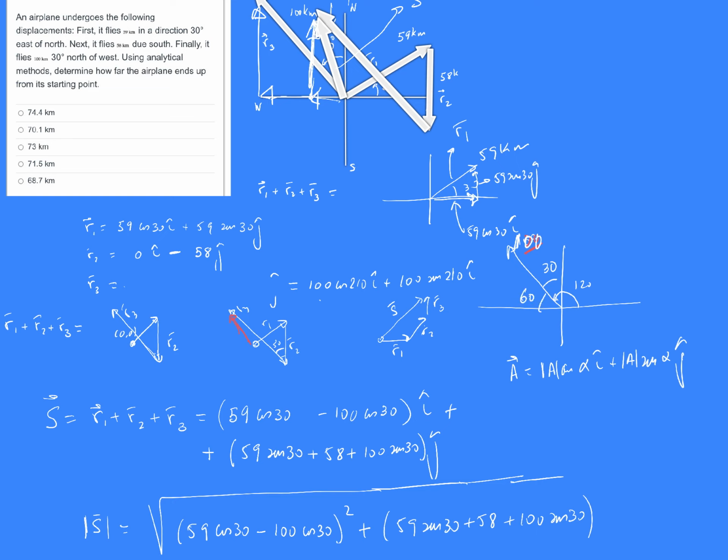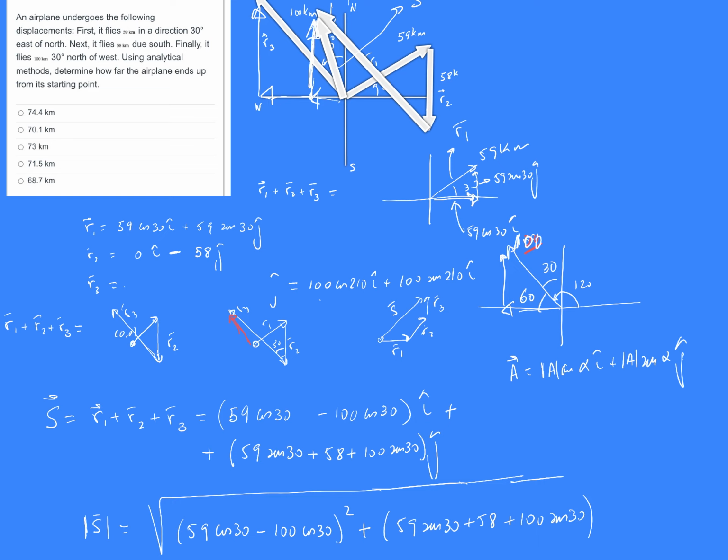So this vector is made of two vectors, one going in this direction plus one going in this direction. So finding this one and finding this other one, I can find the sum. So the sum will reproduce this vector of 100 kilometers, 30 degrees. So what is the vector A?